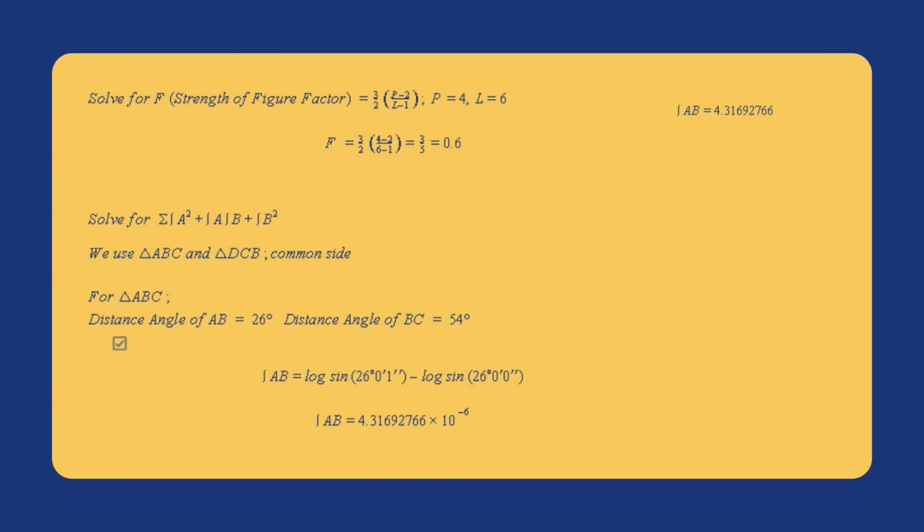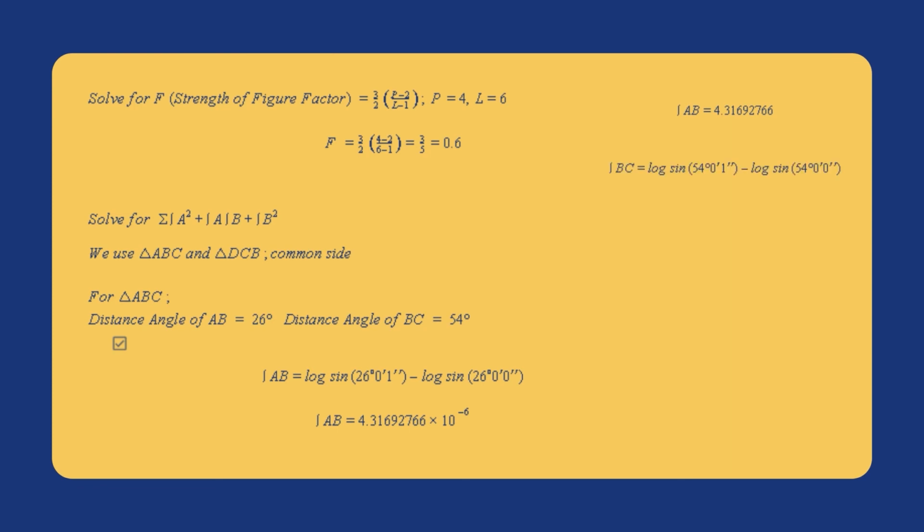And by definition, the one we are looking for is the difference per second in the 6th place of logarithmic sign. That is why we negate the value of 10 to the negative 6 and get the value of 4.31692766.